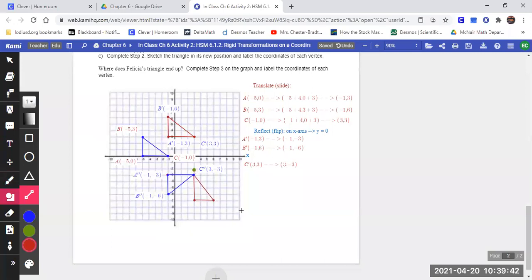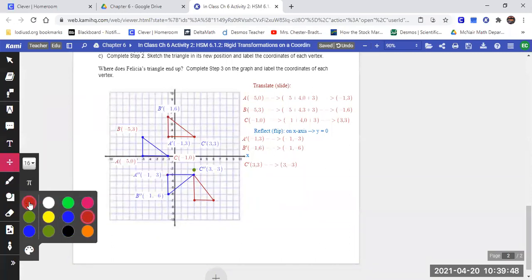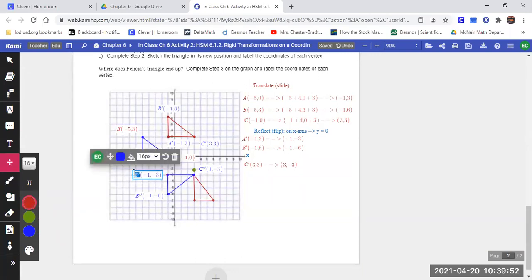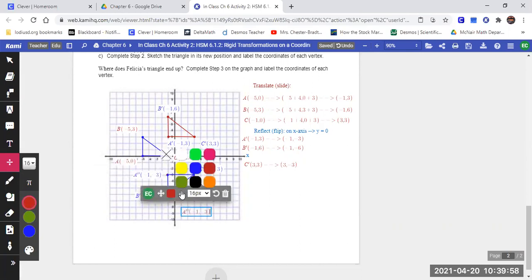Are the A and B locations changing? Yes. So I need to grab the A and figure out where it is now that we moved it. Where is it now?